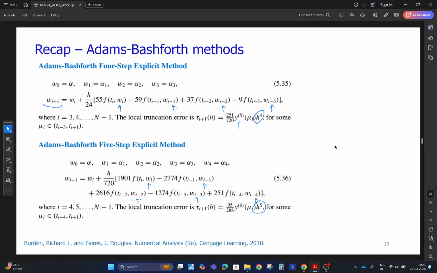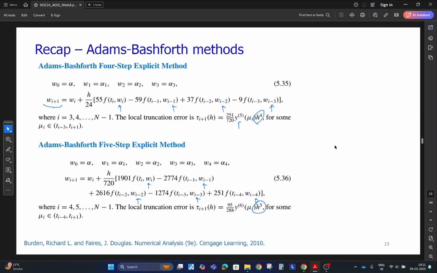There is also the Adams-Bashforth four-step explicit method, where we make use of information from four previous time steps to solve for the unknown variable at the current time step. W0 is alpha, W1 is alpha 1, W2 is alpha 2, and W3 is alpha 3.